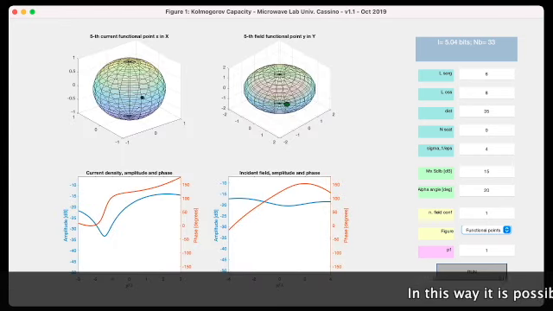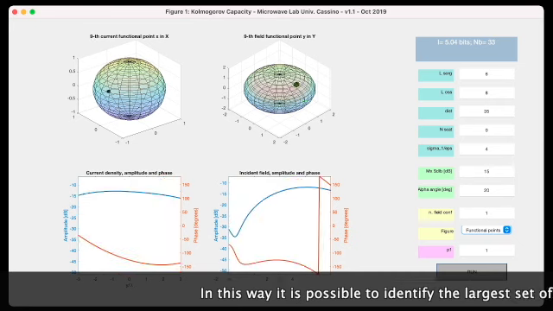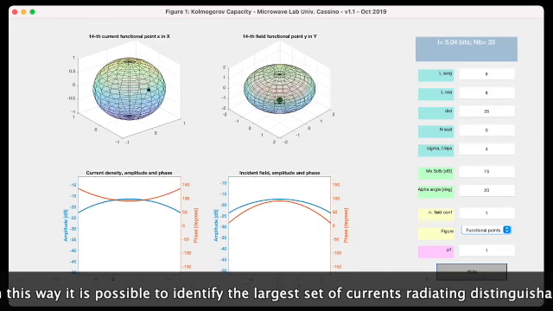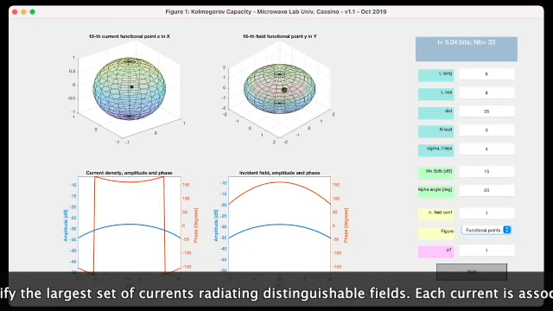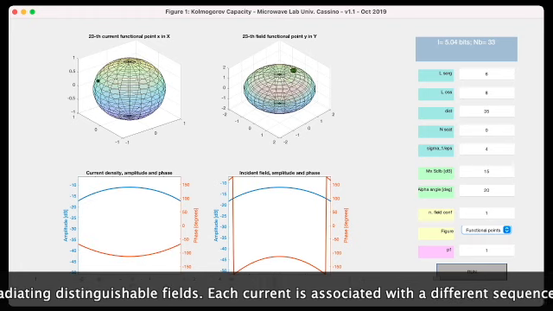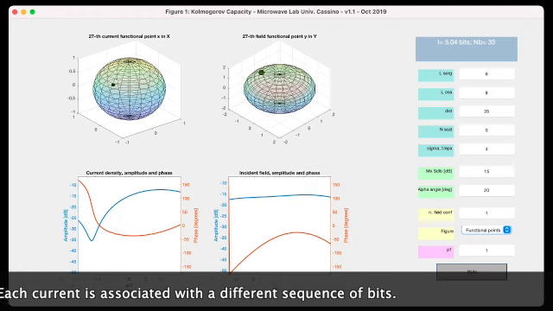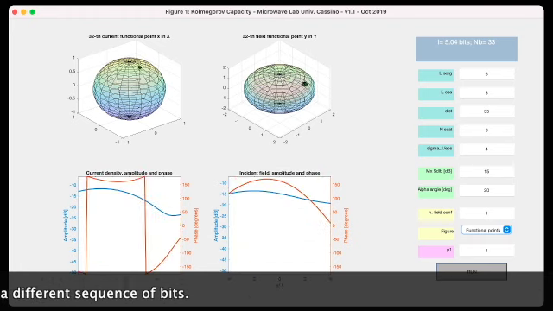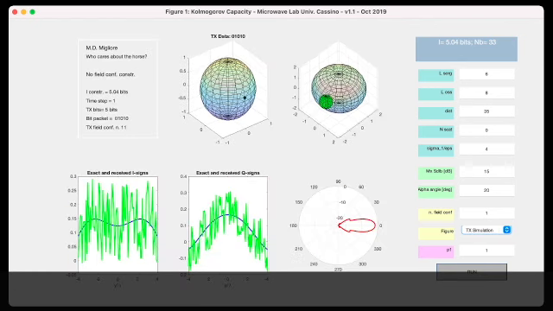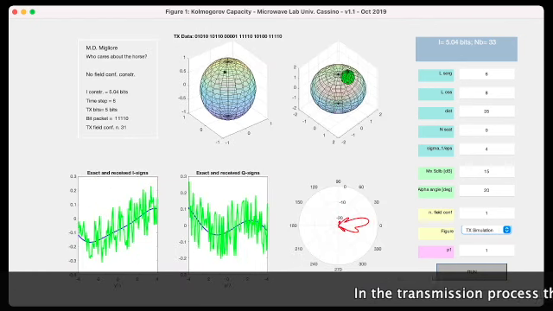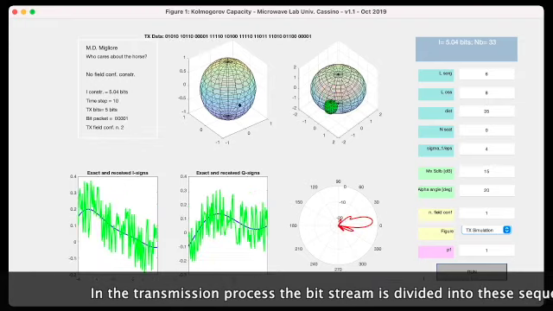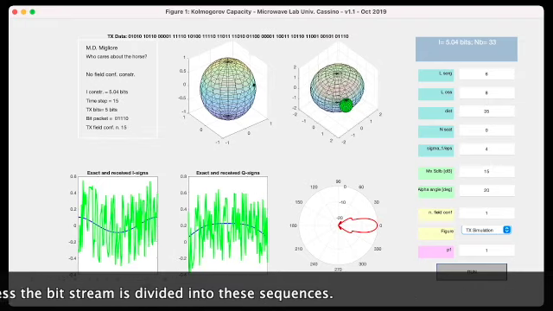In this way, it is possible to identify the largest set of currents radiating distinguishable fields. Each current is associated with a different sequence of bits. In the transmission process, the bit stream is divided into these sequences.